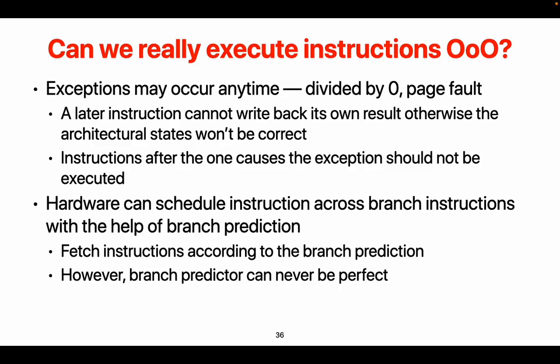So we can execute the instruction out of order, but when we finish or commit, it has to be in order. Otherwise, we cannot know 100% for sure if every instruction has passed through all the pipeline stages, right?